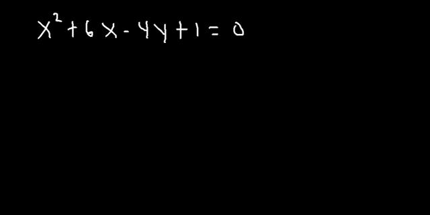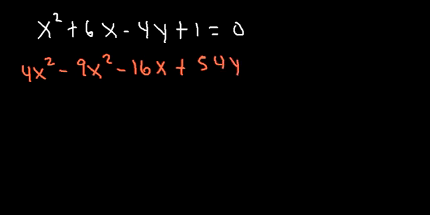So now let's say you're given these 4 equations. x squared plus 6x minus 4y plus 1 is equal to 0. And 4x squared minus 9y squared minus 16x plus 54y, let's say that's equal to 0 as well.